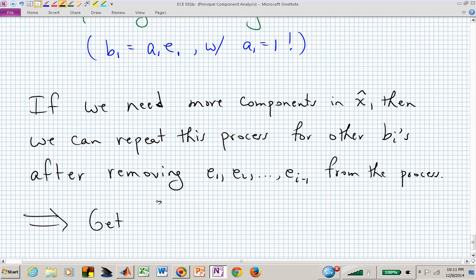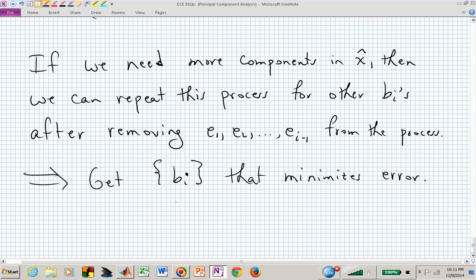So that's going to give us this set of directions, b sub i, that actually help us minimize the error between x and x hat, where this b sub i is now a set of vectors, b sub 1, b sub 2, etc. That's a set containing however many vectors or principal directions we wanted, which we were labeling as capital K before, so that might be 3, maybe it's 4, maybe it's 1.